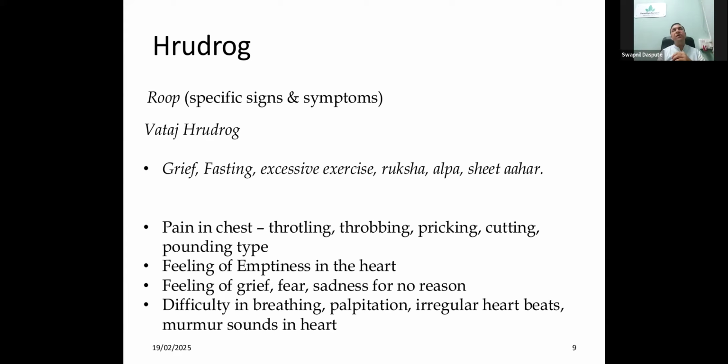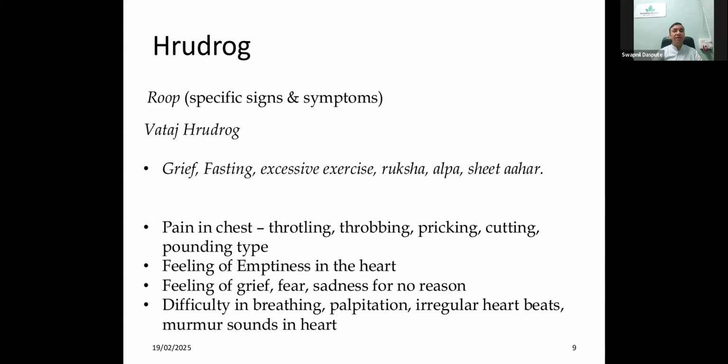If you ask, okay, I'm feeling scared or I'm feeling sad, then you may ask, okay, any particular reason for that? No, I'm just feeling like that. There's no reason. So that is feeling of these negative emotions for no reason is indicative of Rudrok. So if you do Rud Basti in this case, it will certainly help. It will certainly help the patient.